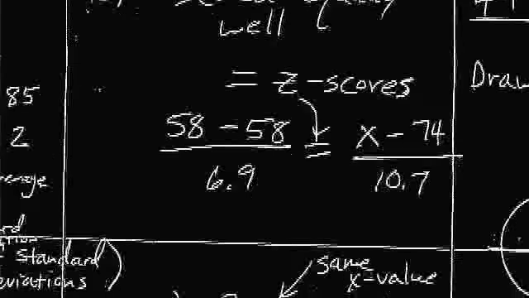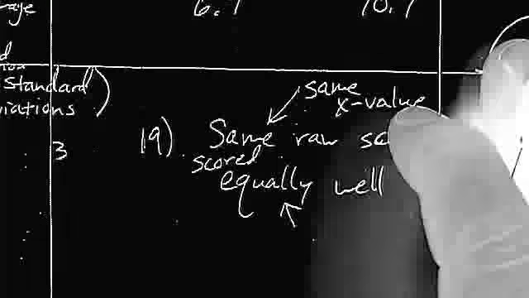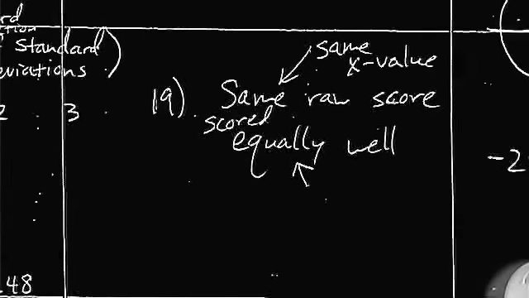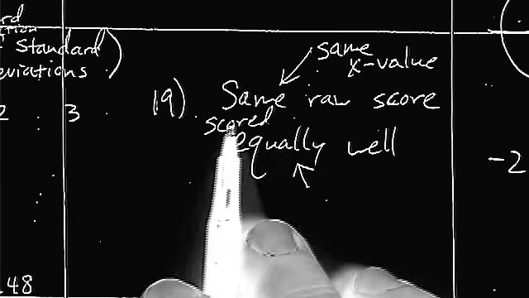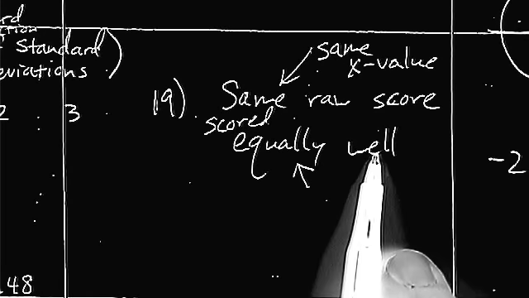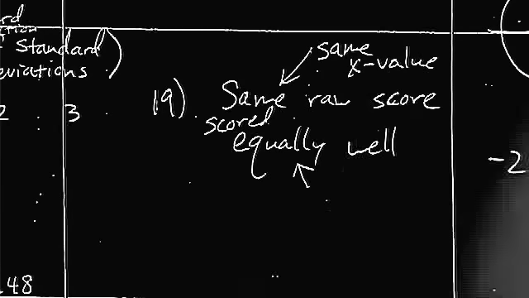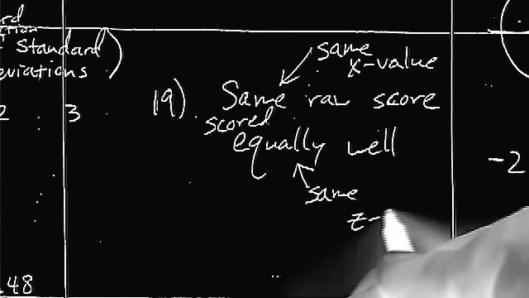Sorry, as you can tell, I wasn't paying much attention. So in question 19, same raw score would mean same x value, and scored equally well means same z-score.